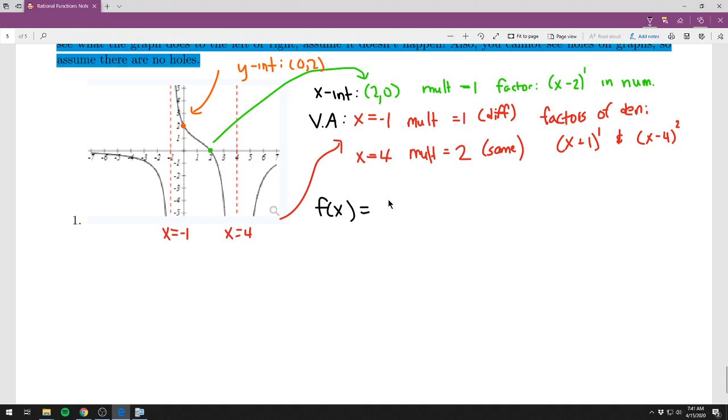Right, so f of x equals a times the factor of the numerator. We only have x minus 2. Over the factors of the denominator, we have x plus 1 and x minus 4 to the second power.